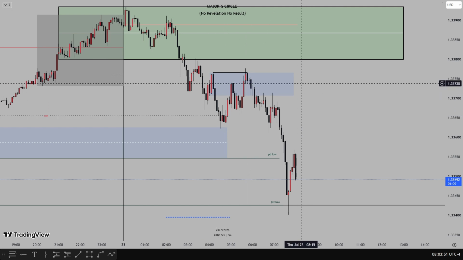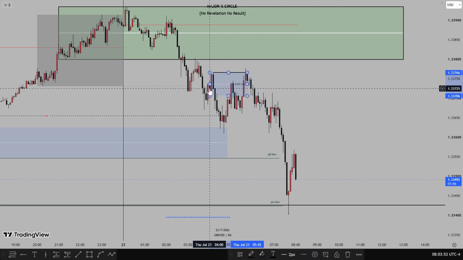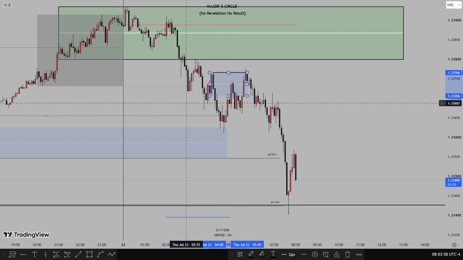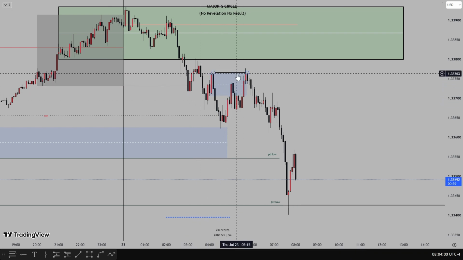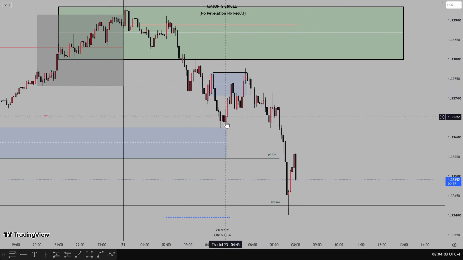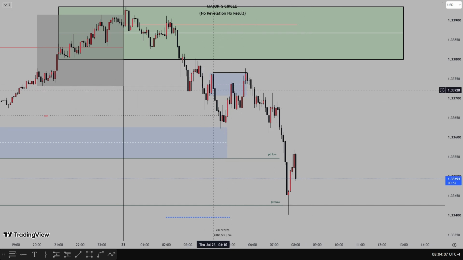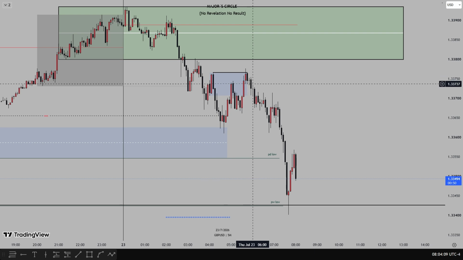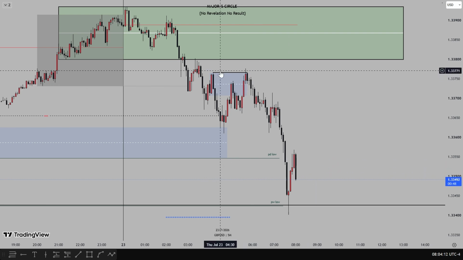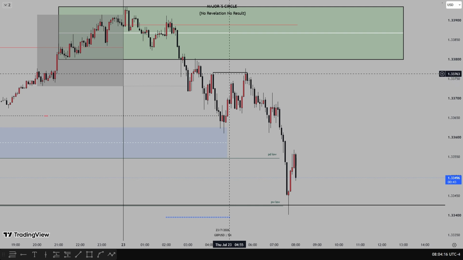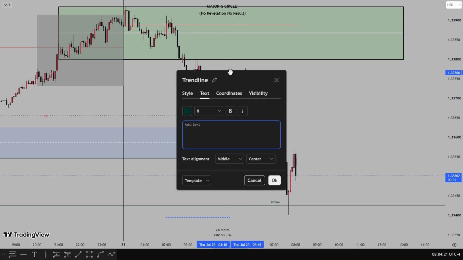So we are expecting that this zone should be invalidated, and that is what actually happened when price took out this high and took out the liquidity, and traded back into this order block here in the form of a corrective move. So after I had witnessed this breaker fail, I treated this as my liquidity, which would be buy side liquidity.